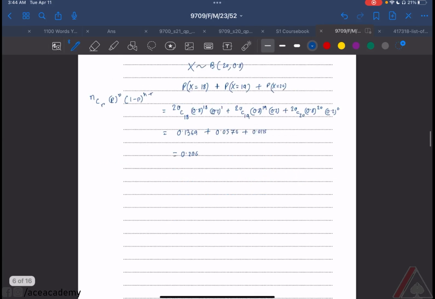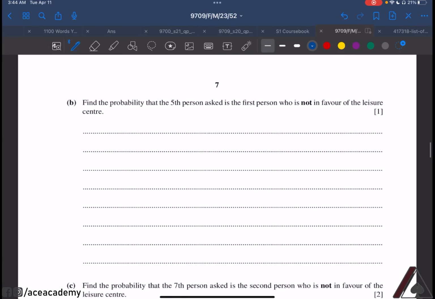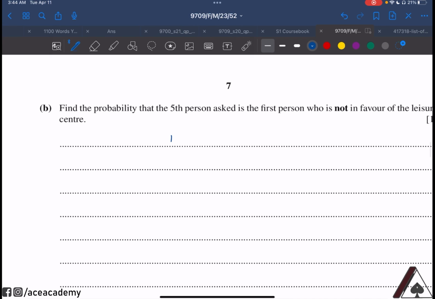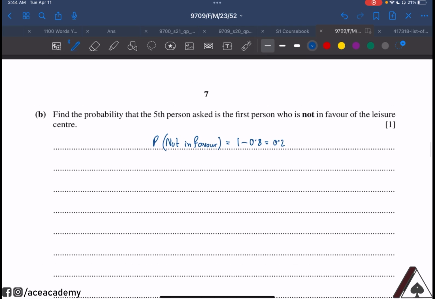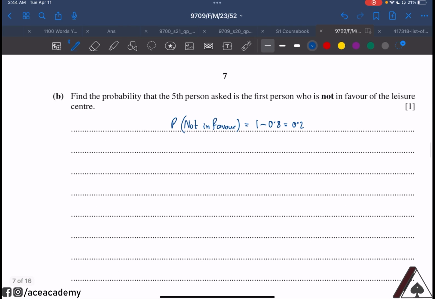Alright, so question number B. Find the probability that the fifth person asked is the first person who is not in favor of the leisure center. So the probability of not in favor is 1 minus 0.8 equals 0.2. This is a typical geometric progression question.